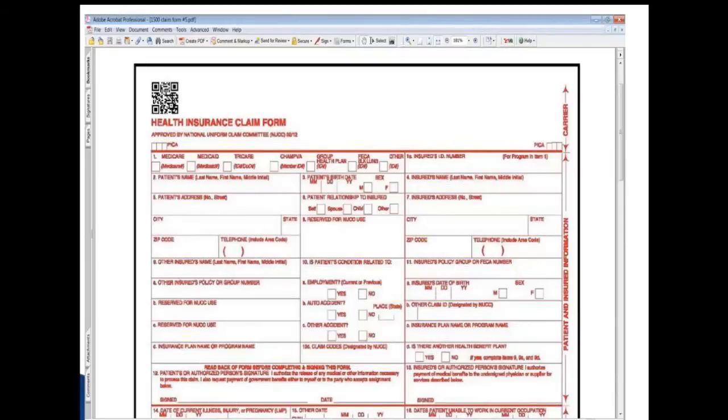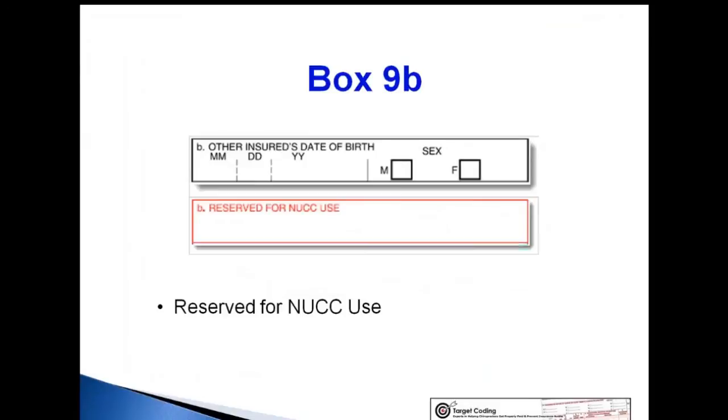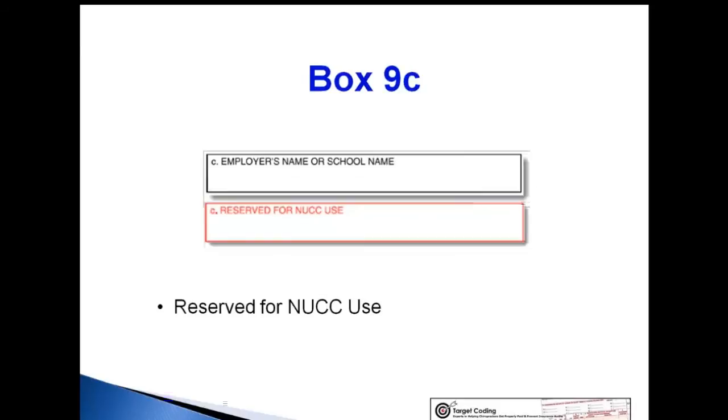Number 9 says other insured name. 9A, other insured policy number. 9B, we have a change in 9B. On the old form, you had to put the other insured's date of birth and sex. The new form, 9B, says reserved for NUCC use. Same thing with 9C. It's now reserved for NUCC use. The old form had you put the employer's name or school name.